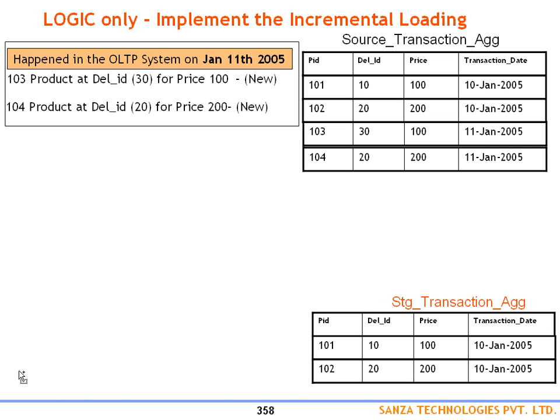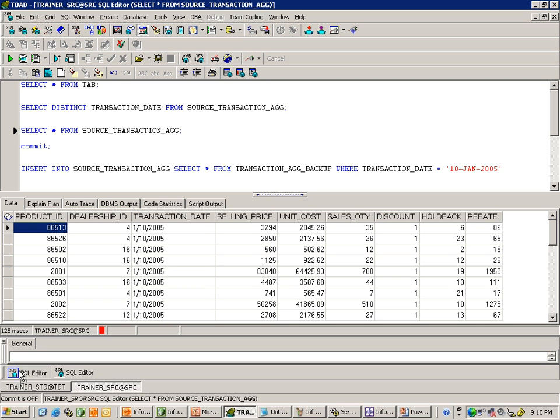The scenario which we discussed is that 10th data is already there in the OLTP system and 11th data will be loaded. So for all practical purposes, we created a table, transaction AGG backup. It has 7 days of data, 10, 11, 12 like that. I have already inserted into my source the 10th day data. Now execute this statement for 11th January data.